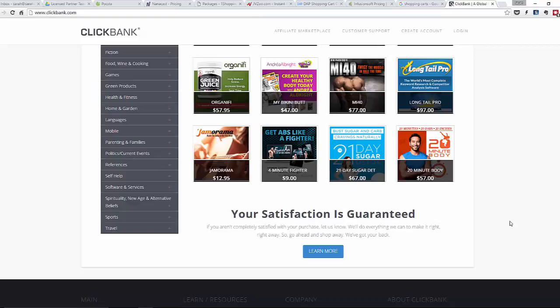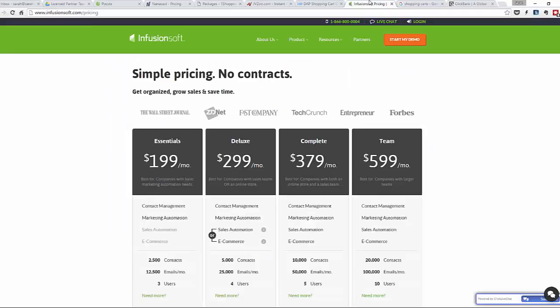So, that's ClickBank. What I'm currently using myself right now is something called Infusionsoft. You may have heard of Infusionsoft. There are upsides, but there are also massive downsides to Infusionsoft as well. I'll start with the upsides and why I moved to Infusionsoft.